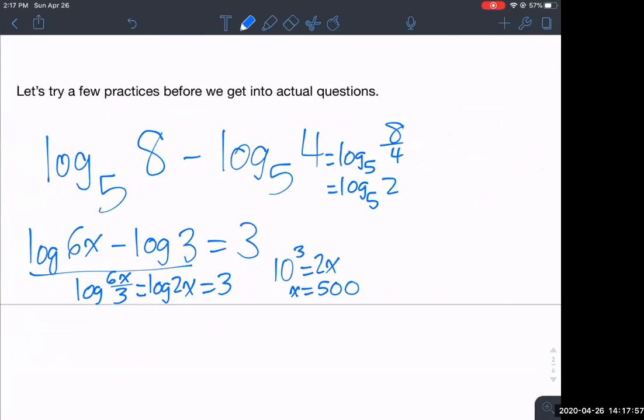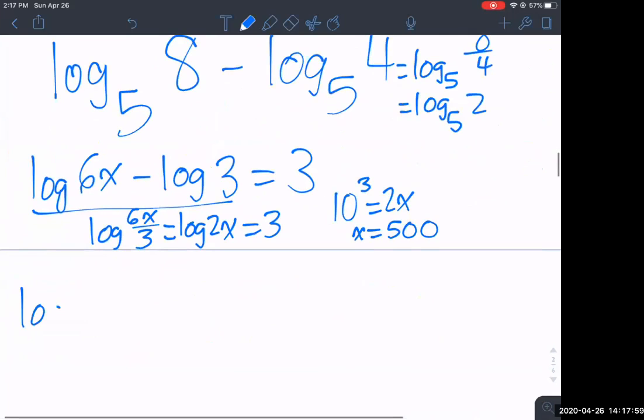Let's do one more. Log x is equal to 2 minus log x minus 21.